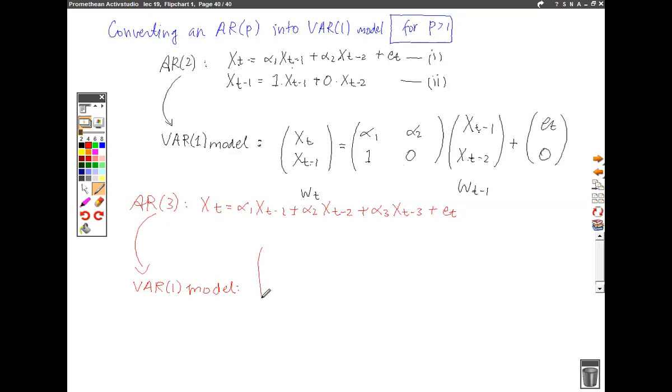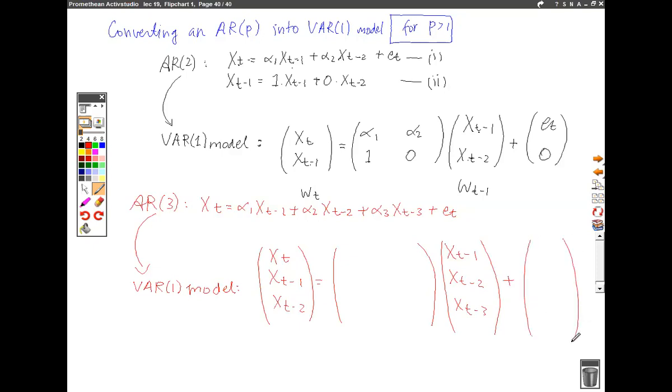So if I'm having an AR3 model, what I will have is 3 components for my time series here. So I will write xt, I will write xt minus 1, and I will write xt minus 2 here. And then I know that there will be some 3 by 3 matrix here, for which I have to figure out what the coefficients will be. And there have to be the lagged values there. So I'll have xt minus 1, xt minus 2, and xt minus 3, plus another vector. So now you know that I have to write xt minus 1 and xt minus 2 using xt minus 1, xt minus 2, and xt minus 3 only.